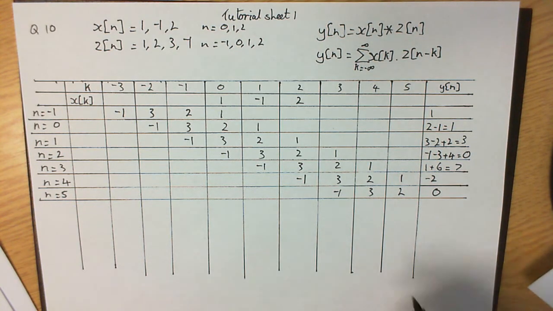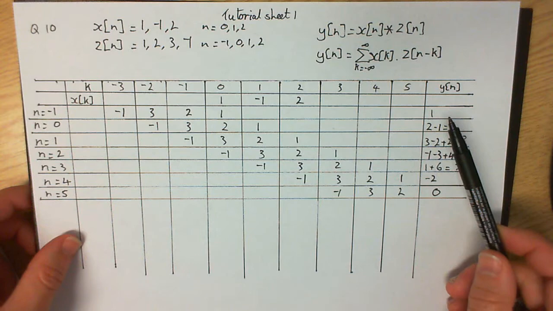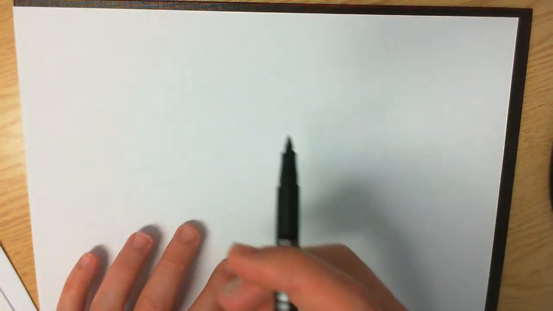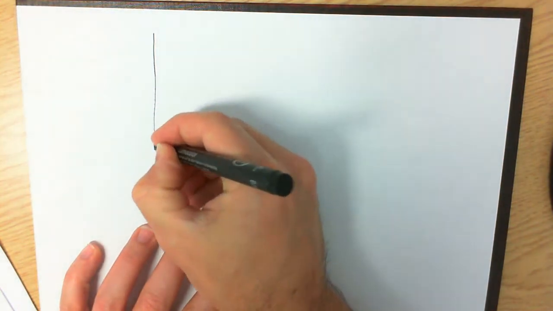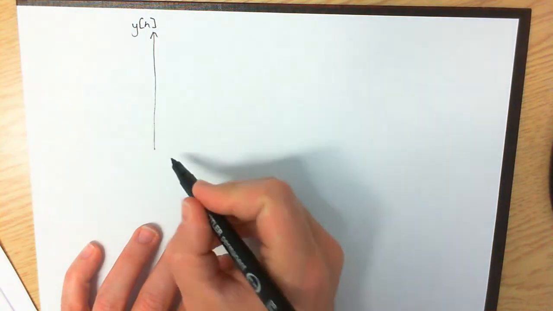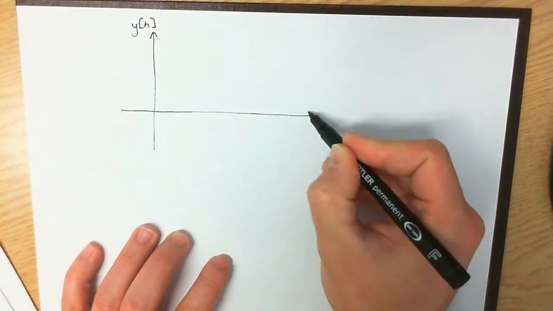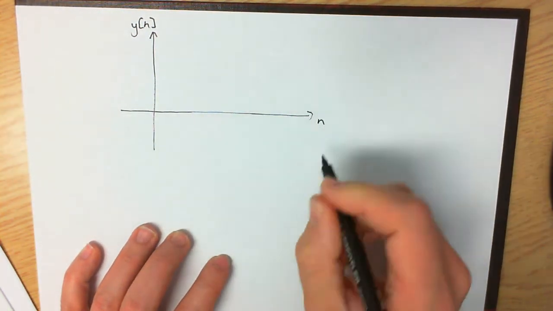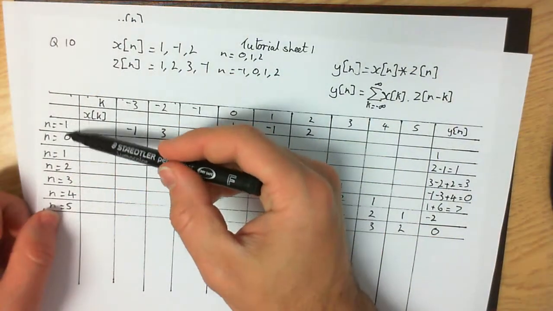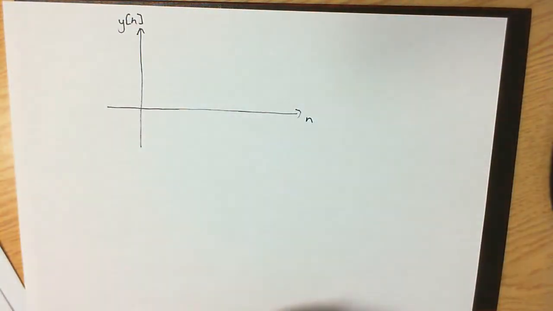So these are the steps that we have to carry out to get us the output y of n. And of course the question also asks us to sketch a graph of this. So what we're going to need is a graph of y of n versus n, and we're going to have scales from minus 1 to 5.